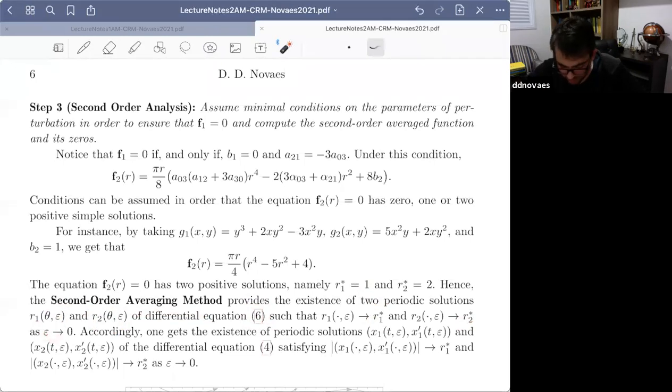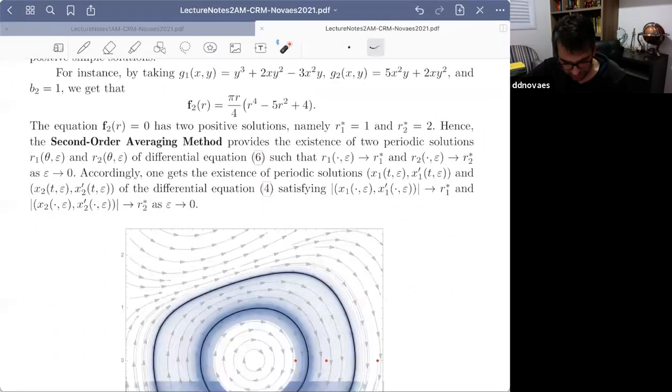So we get the existence of two periodic solutions of the second order difference equation: one whose norm converges to 1, and the second whose norm converges to 2 as epsilon goes to 0.